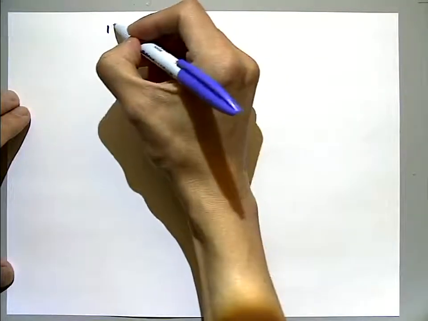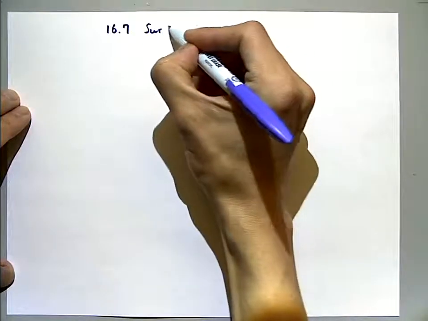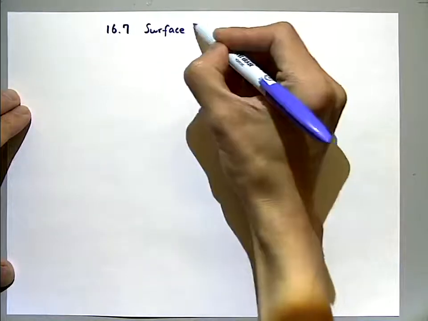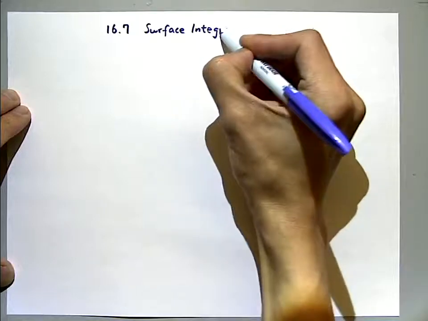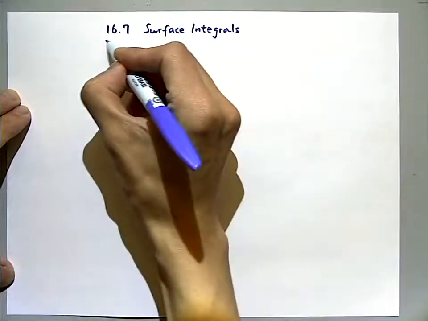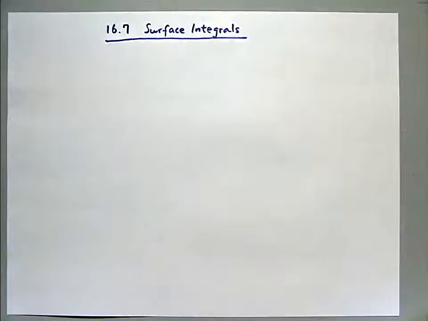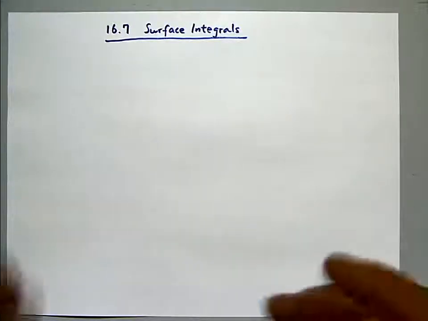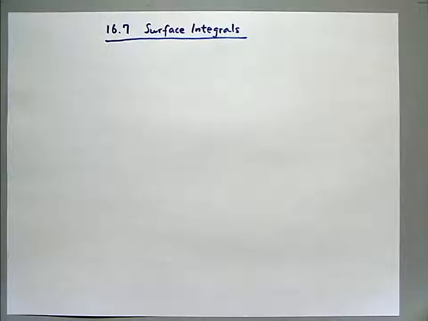Okay, today we're going to look at section 16.7, surface integrals. So this is just like line integral, except we go one dimension higher. A line integral means you integrate something along the curve. Here we're going to integrate something along a surface, so just one dimension higher.